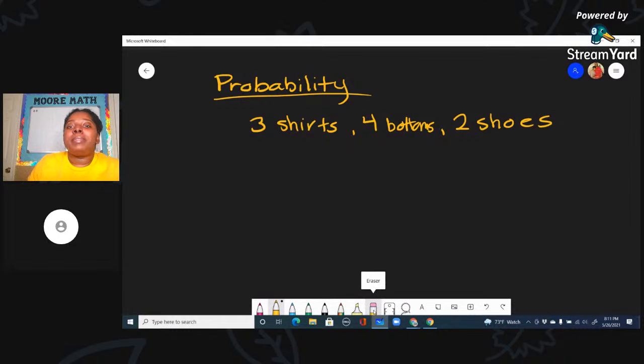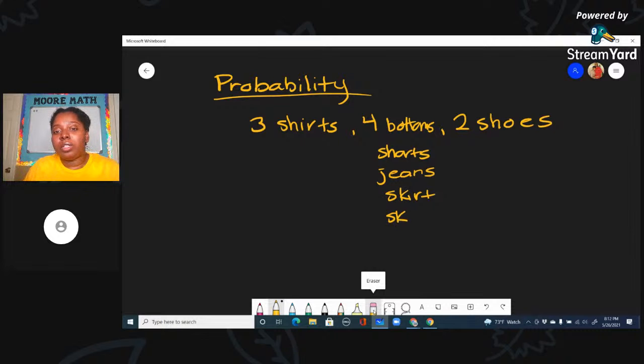So for the bottoms, let's say we have shorts, jeans, skirt, and a skirt. You know what a skirt is? Yeah. Okay. I was like, do they have skirts these days?